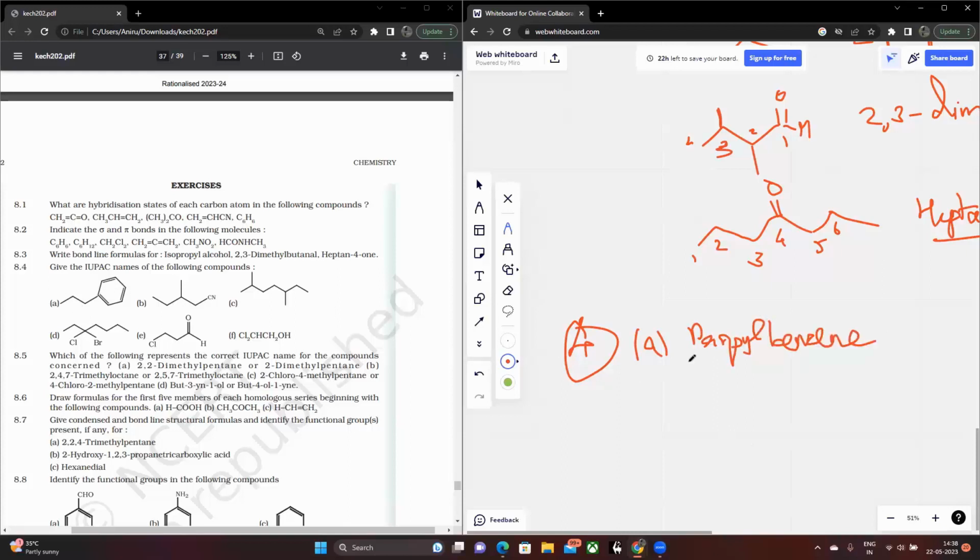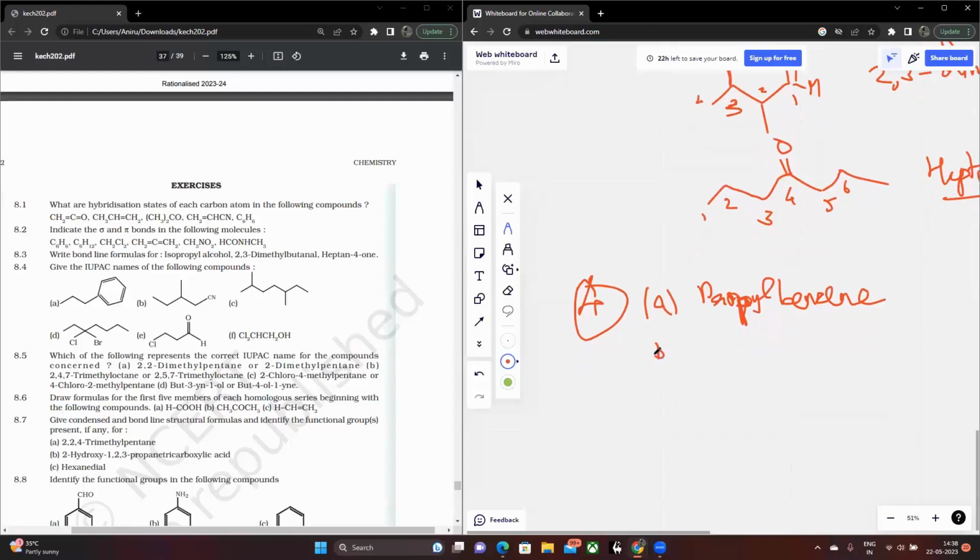Since there is only 1 attachment, everybody knows that this is attached at the first position, because in a benzene ring any carbon can be 1. This is an O, this is a P, this is propylbenzene. Sorry for my shoddy handwriting again, but it's hard operating a mouse over here.